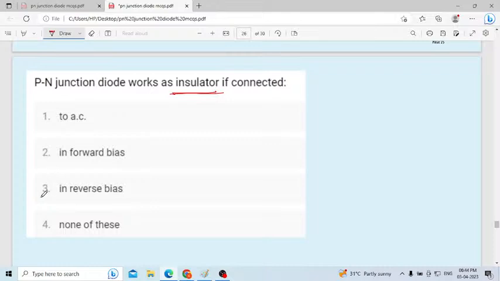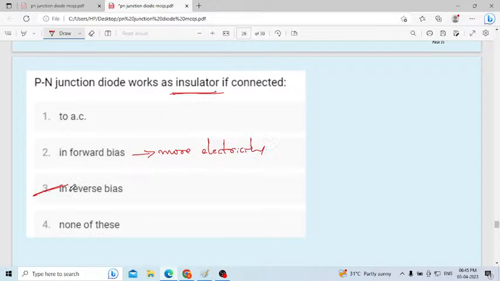Option 3, reverse bias. When connected to AC or DC, it will not come here. In forward bias, it will not at all act as an insulator, because in forward bias we will get a large amount of current. Therefore, this option is wrong.